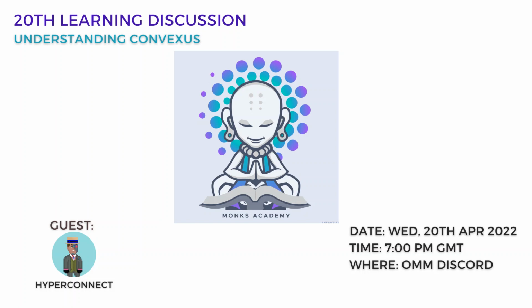So essentially, Convexus is inspired by Uniswap version 3. For those who are not familiar, Uniswap is the largest AMM out there today. And so we thought that Convexus would be a really appropriate way to bolster the AMM scene for the Icon blockchain.